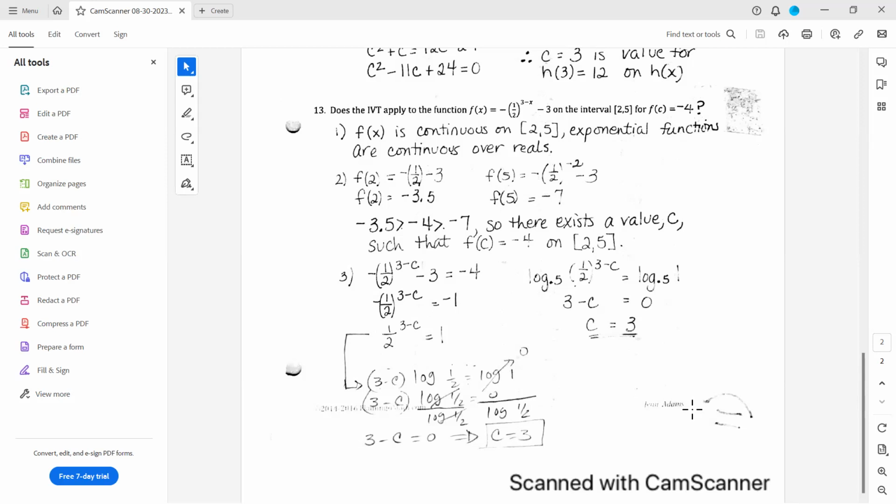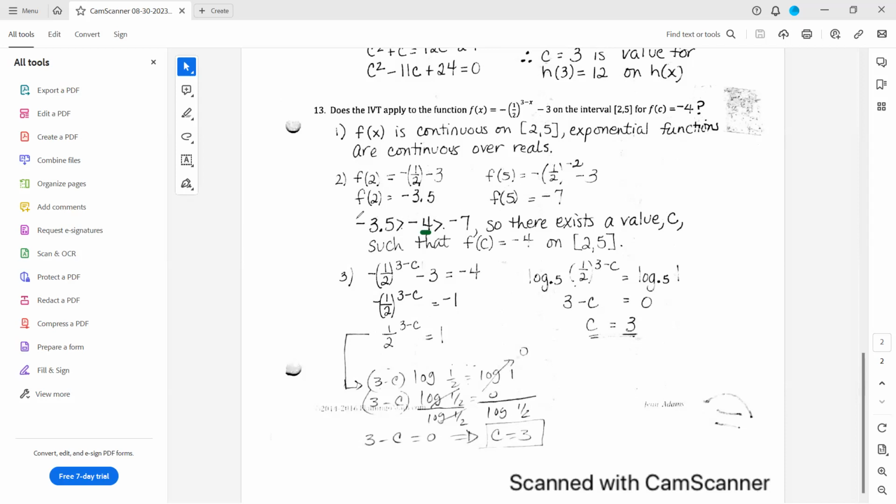Not C, but F of C. Oh, F of C. The F of C up here, this is not a C value. See that? So is F of C between these numbers? It is, isn't it? Okay.